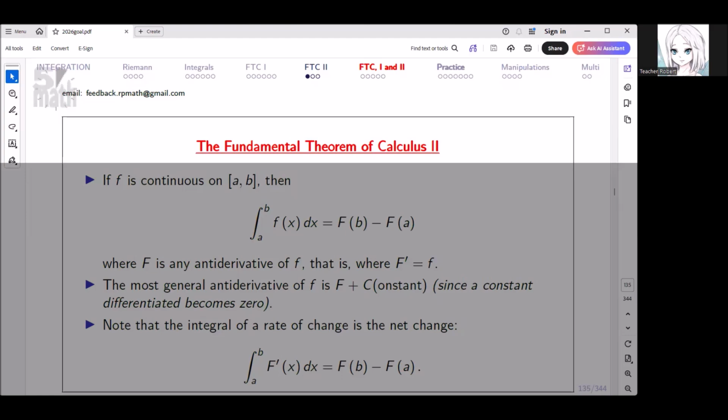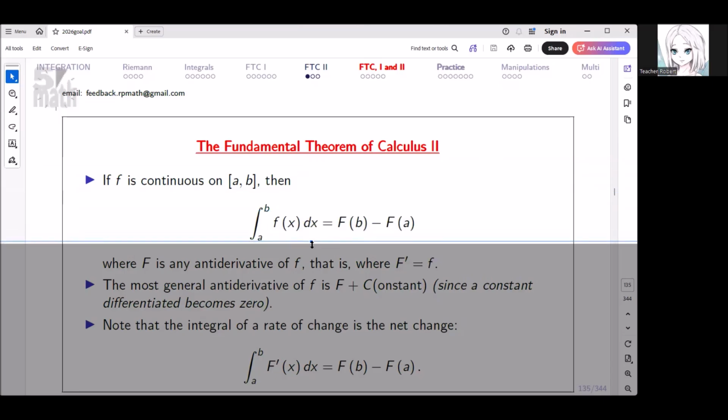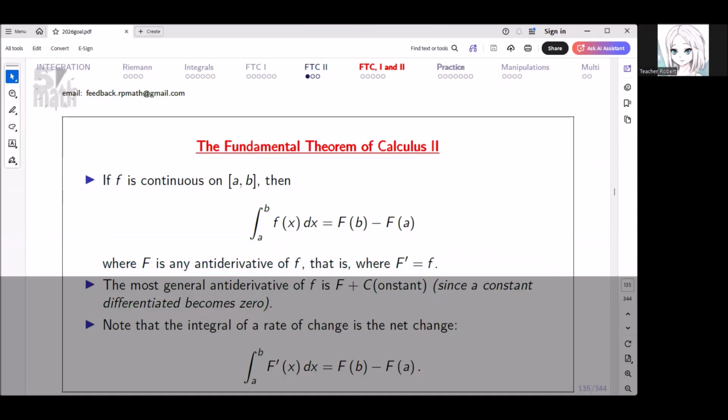The Fundamental Theorem of Calculus 2. If f is continuous on the closed interval [a, b], then the integral from a to b of f of x dx equals big F of b minus big F of a, where big F is any antiderivative of little f, that is, where big F prime equals f.